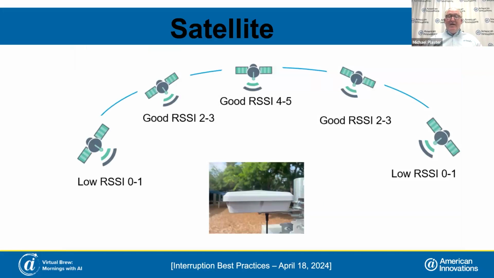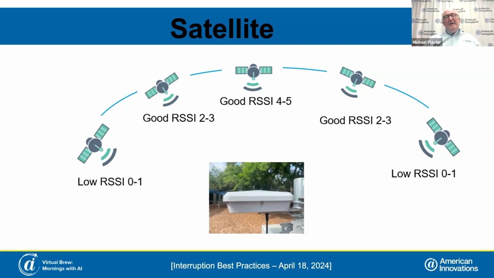All right, satellite. Satellite works differently than the cell unit. The cell unit has got signal pretty much all the time, but our satellite unit has to wait for a satellite to come over the top of the unit and have a strong enough signal for it to receive a packet or send one out.